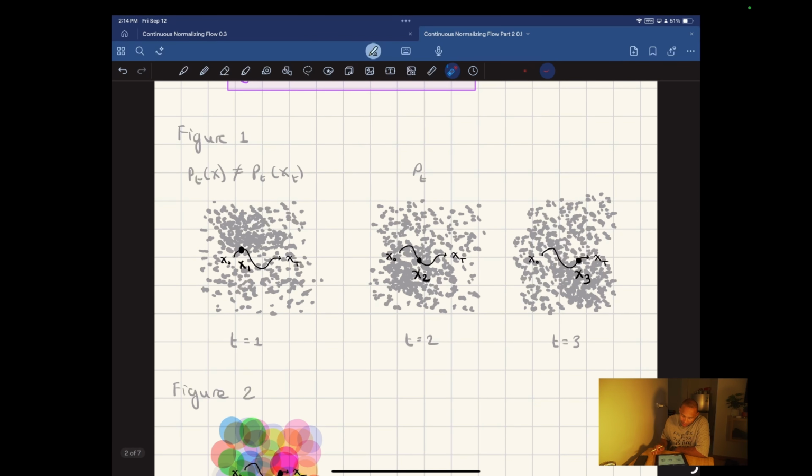I just realized it might be easier to literally put a bunch of dots on this plot and then model density that way. So these are time steps 1, 2, and 3. This is the state of the density field at these different time steps.